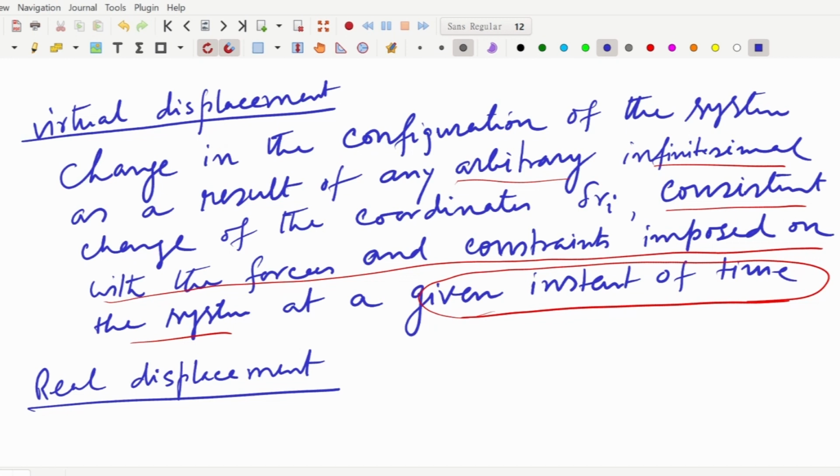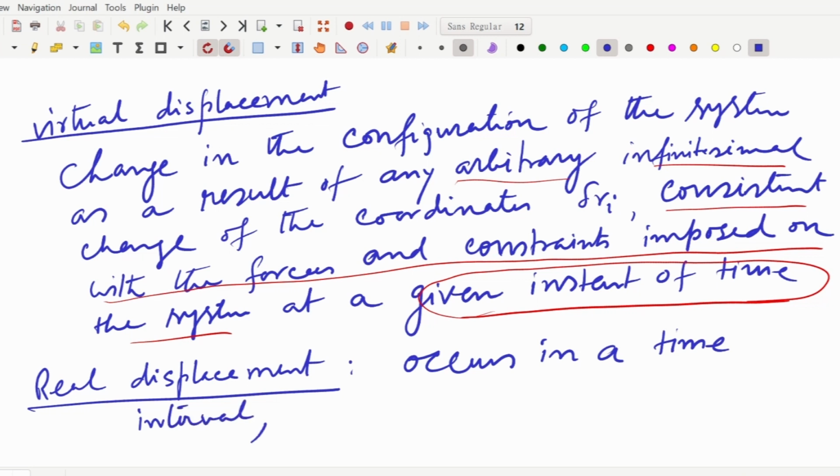Real displacement occurs in a time interval, whatever small, but it has always occurred in a time interval.